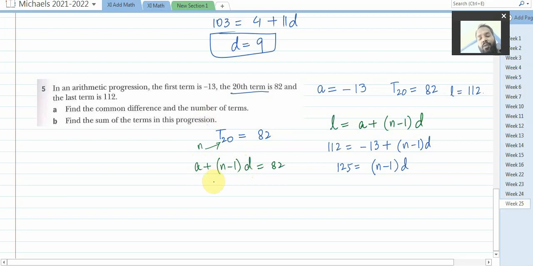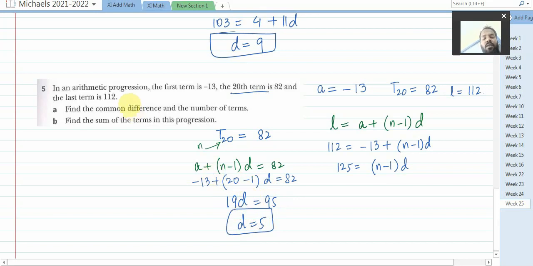So A is given, it's minus 13 plus, in this case the value of n is 20, right? 20 terms, and the value of D is unknown. Alright, now the question is quite easy to solve. Minus 13, when you shift it to the right side, it will be positive 13. 82 plus 13 leads to 95 equals (20 minus 1), 19 times D. So 95 divided by 19 gives you the value of D, it's 5.